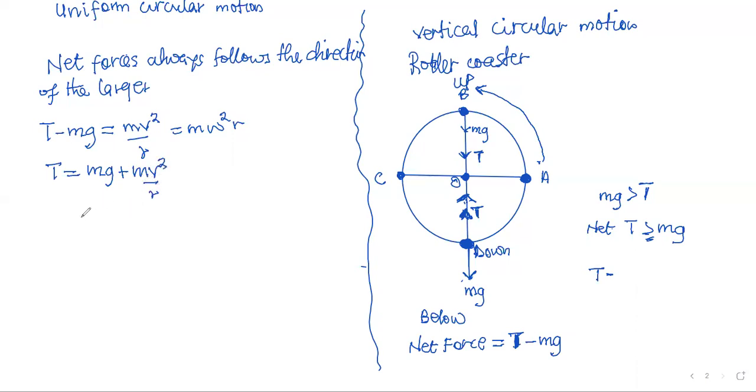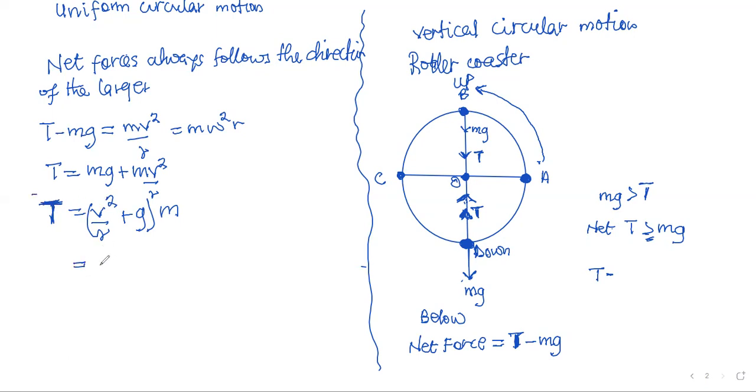When we factorize out m, we have v squared over r plus g, all times m. So below the circular path, this is the expression for the tension T in the string.